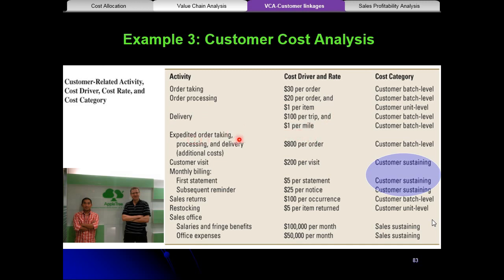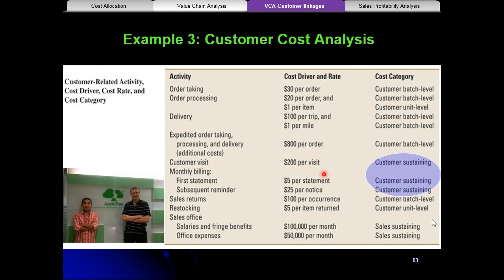Expedited order taking, $800 per order. Expedited order taking is when the customer rings up and says they want it tomorrow, as soon as possible. Maybe you have to air freight it to them rather than ship. So therefore, $800 per order. It's extra for you to organize something special for that customer.